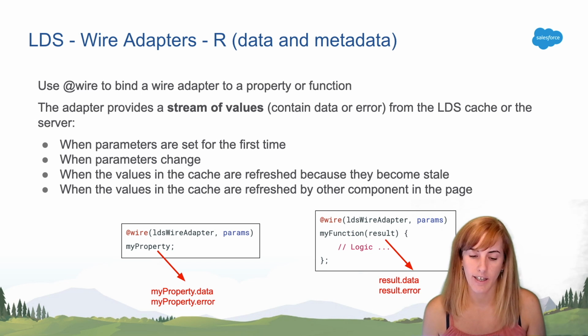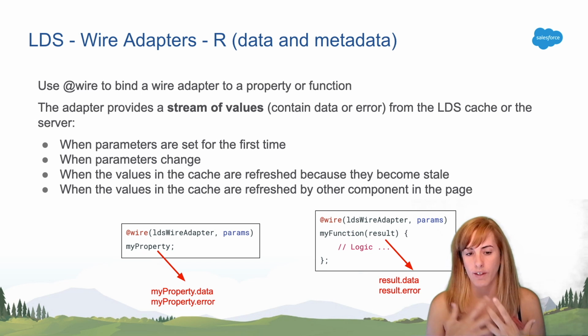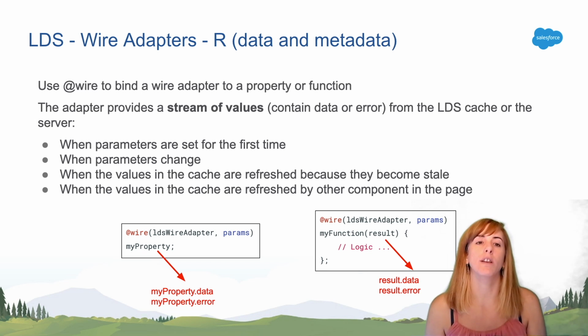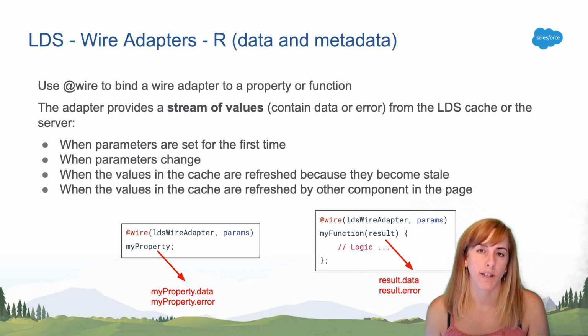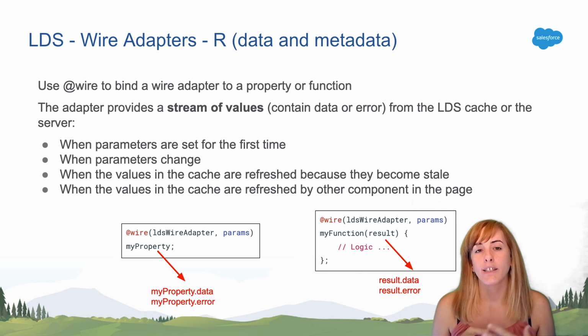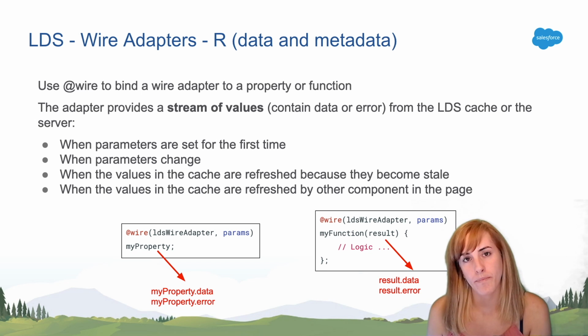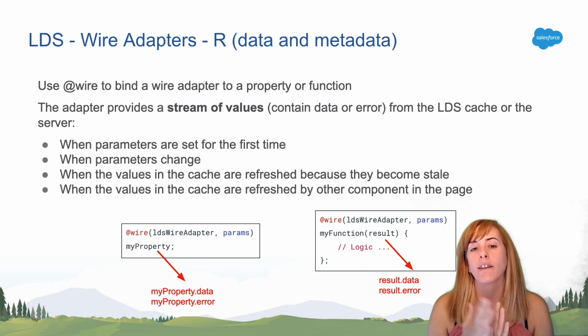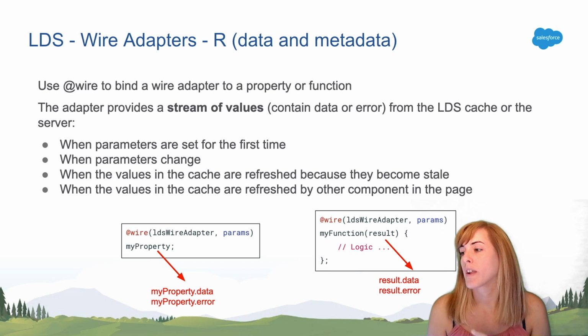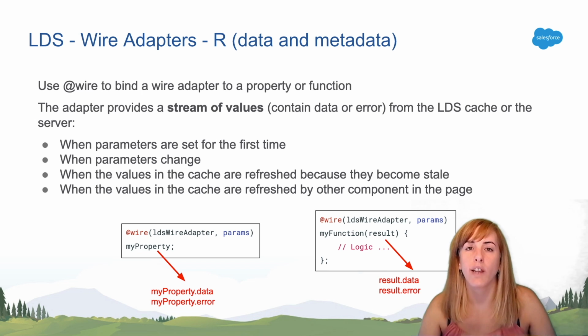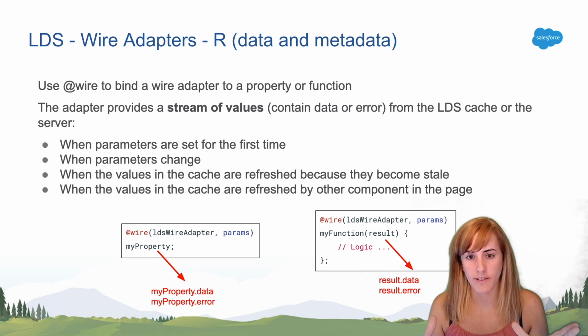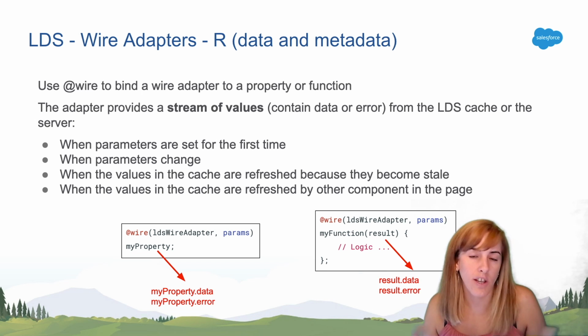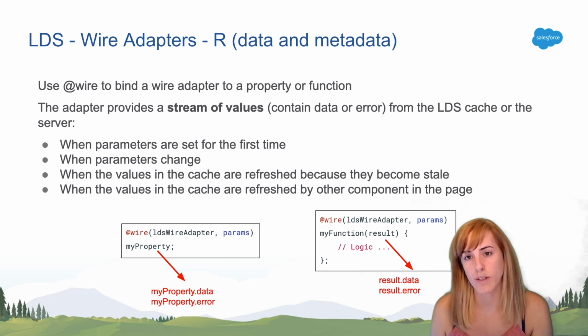What's especially interesting of these kinds of adapters? Well, they allow you to read data, right? And there is a special way to call them so that you don't have to worry about updating the value of what you are trying to show in your component every time that something changes or the cache becomes stale or similar.